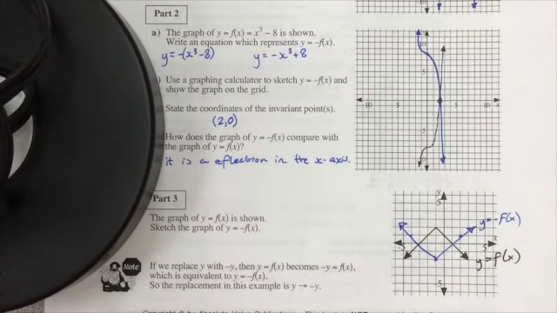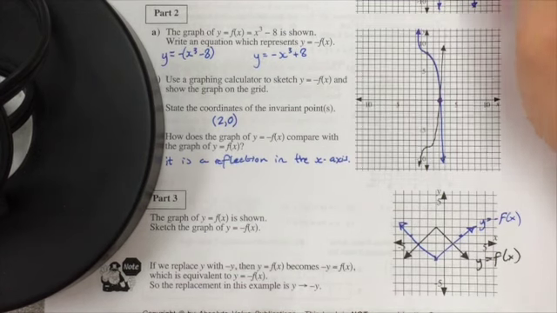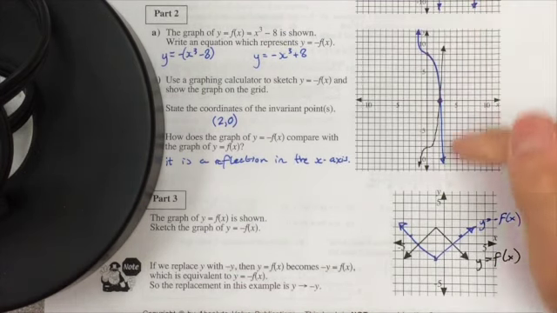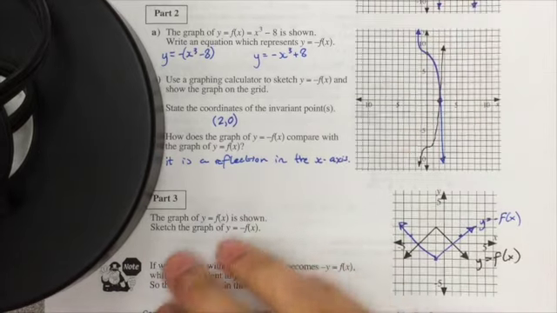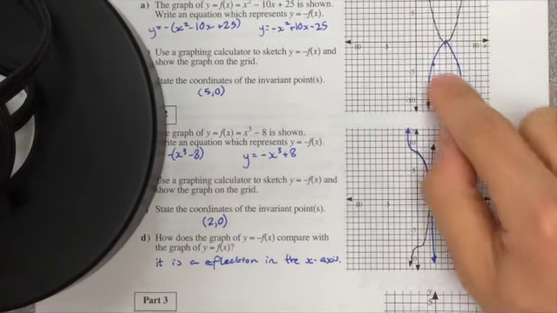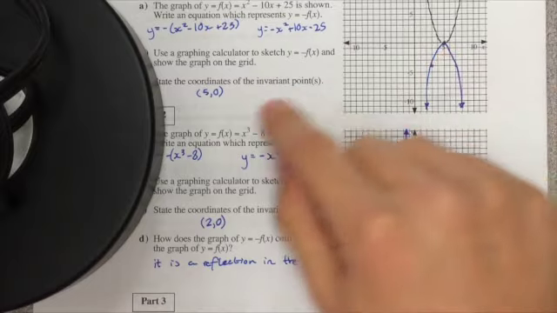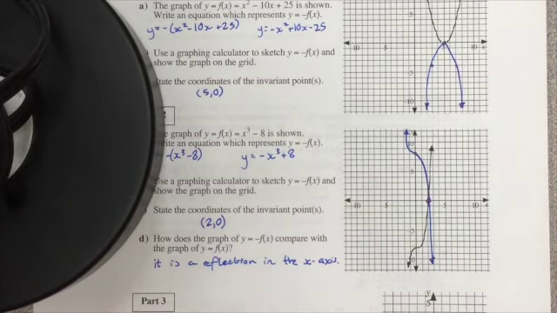Okay, so if we replace y with negative y, then y equals f of x becomes negative y equals f of x, which is equivalent to y equals negative f of x. And so if we think about everything we did with each one of these 3 graphs, our x values always stayed the same.